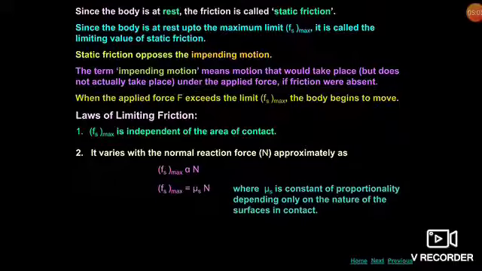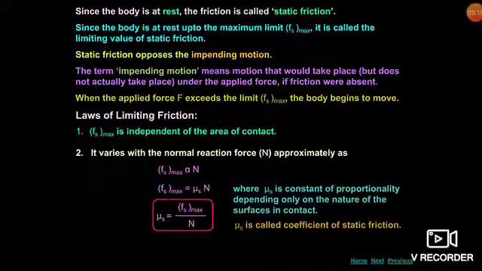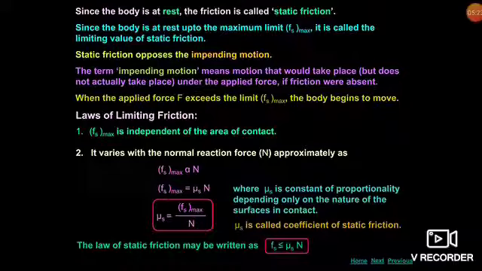It has no unit, and mu s is a constant of proportionality depending only on the nature of the surfaces in contact. So mu s is Fs max by N. mu s is called the coefficient of static friction. The law of static friction may be written as Fs is less than or equal to mu s into N.